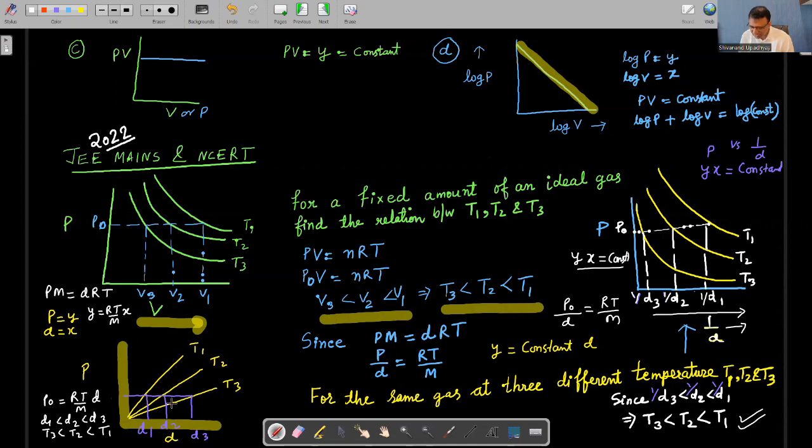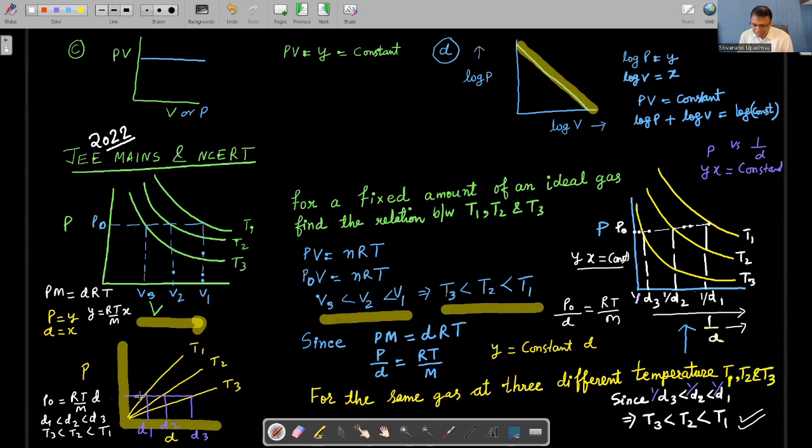That's why they have made 3 lines. Now we can compare on the x-axis, where there is density. For T1 we have D1, for the middle graph T2 so D2, and for the lower graph T3 so D3. On the x-axis, D1 is less than D2 is less than D3.